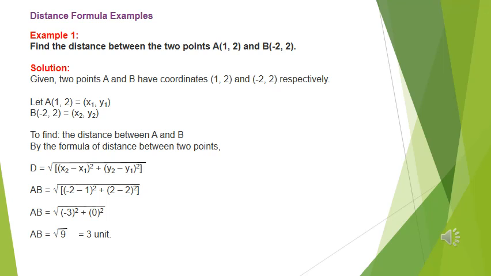Now we put the values of the coordinates of A and B. So we get under root of x2 minus x1 whole square plus y2 minus y1 whole square. Therefore the distance between points A and B is under root of minus 2 minus 1 whole square plus 2 minus 2 whole square, that is under root 9, which is equal to 3 units.